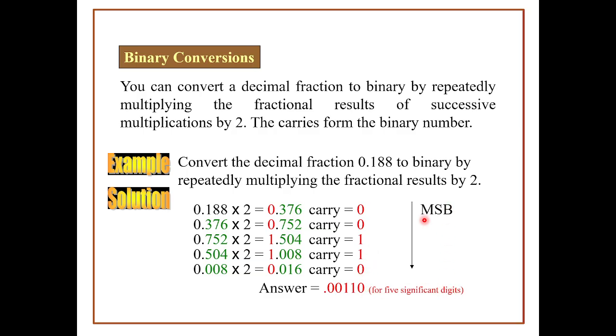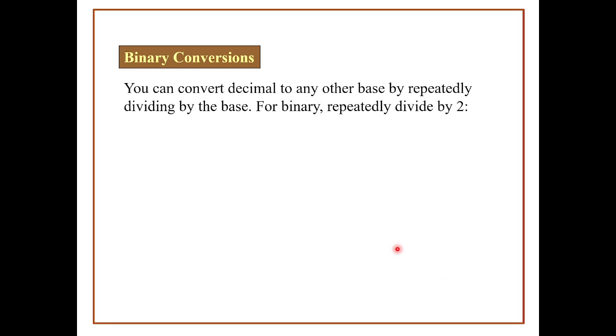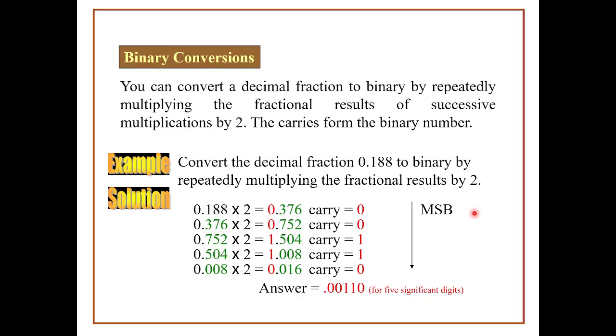So the MSB is the most significant bits. So this is what we will take, at least for 5 significant digits. So again, this is what we call the most significant bits.